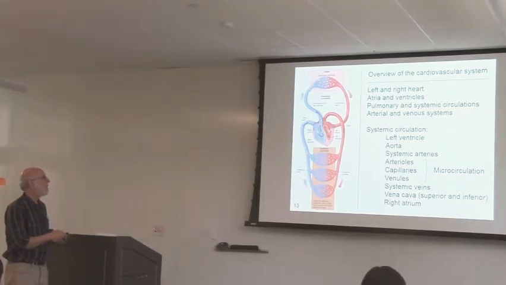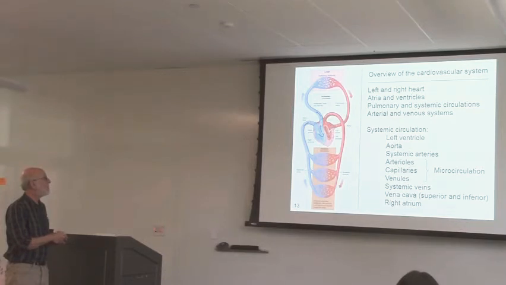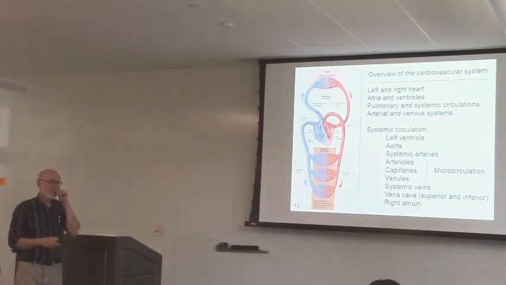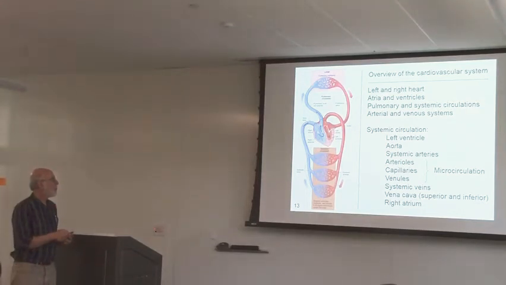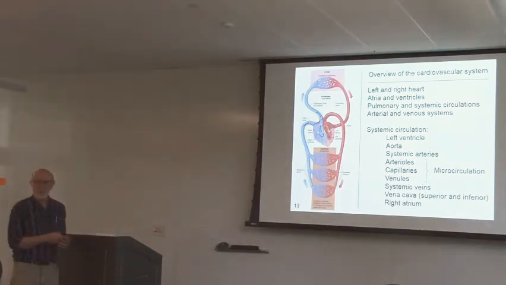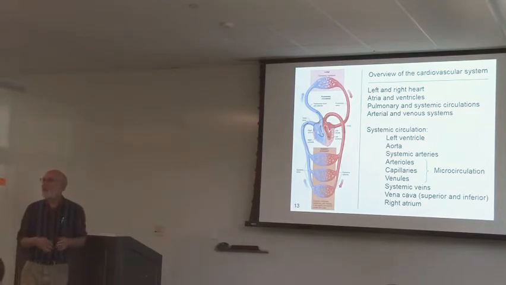There's two of them. One of them is called the inferior vena cava, which goes to the right atrium, which goes to the right ventricle. So that's the pathway of the systemic circulation.